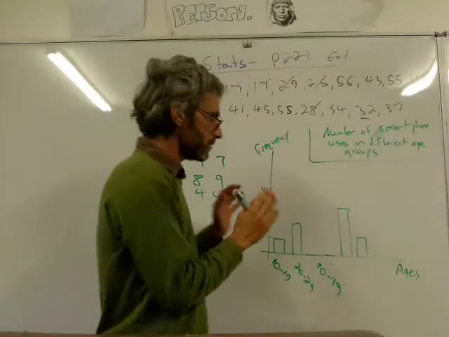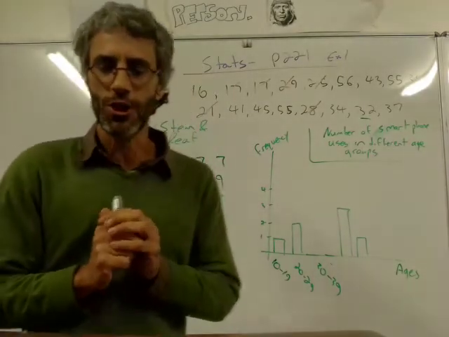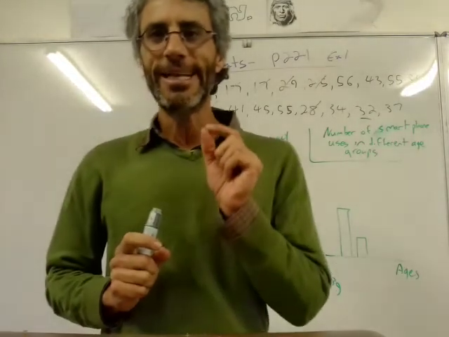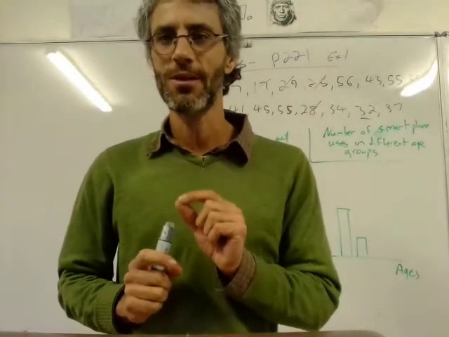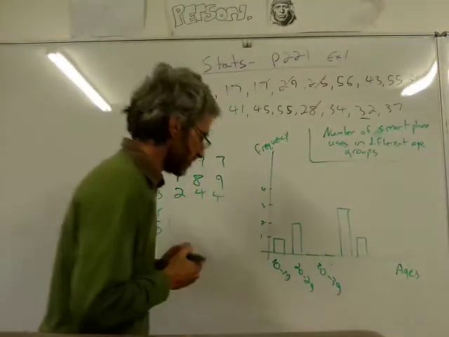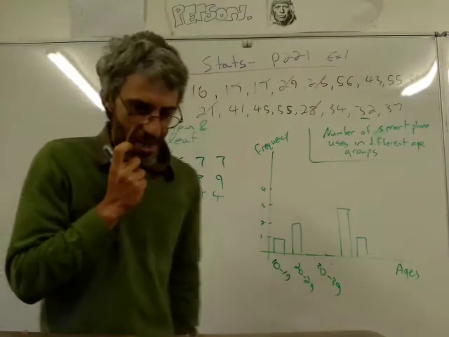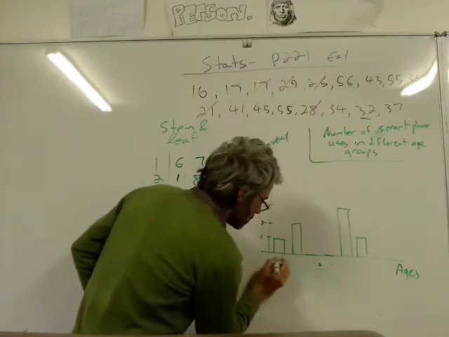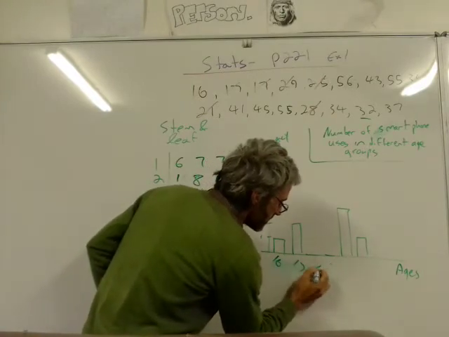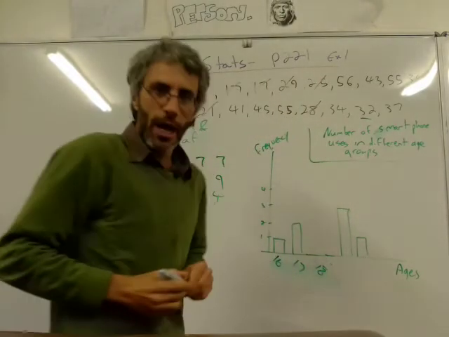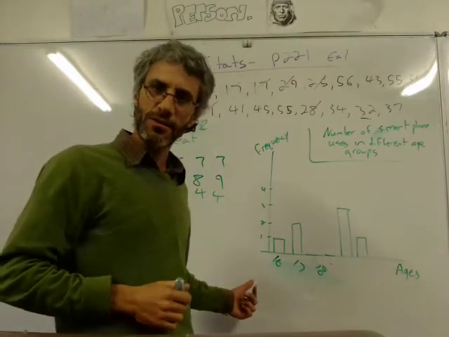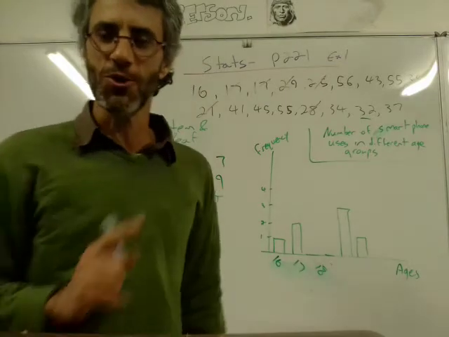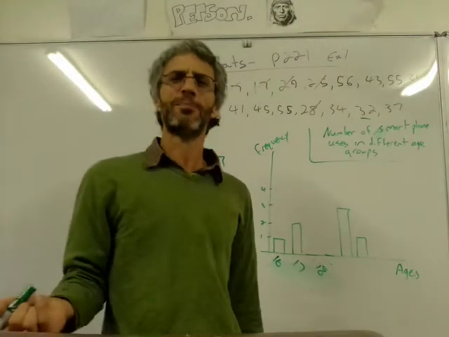Now, why don't the bars touch each other? That's to do with the fact that the data that we've got here is discrete. What does discrete mean? Discrete means that it comes in steps. If I go back to this, it will be easier to understand. If I look at 16, 17, 18, a person can either be 16 or 17, but can't be in between. You might tell me, yeah, but I'm 16 and a half.